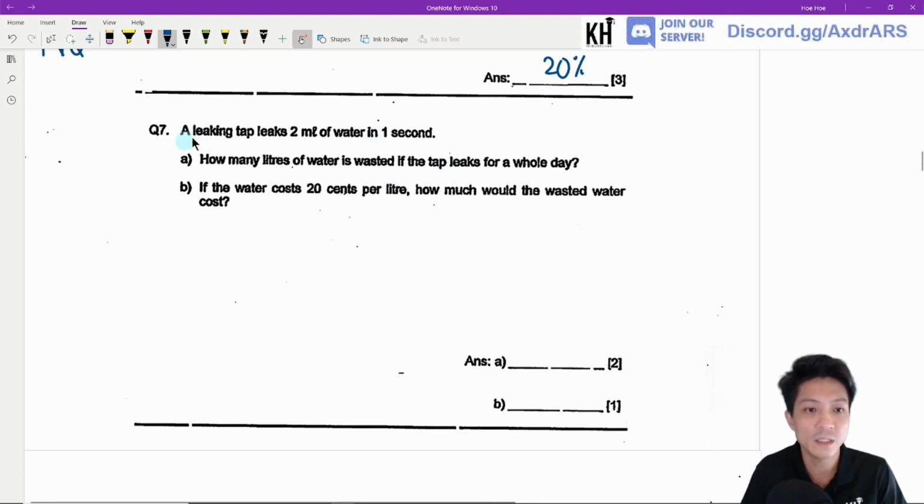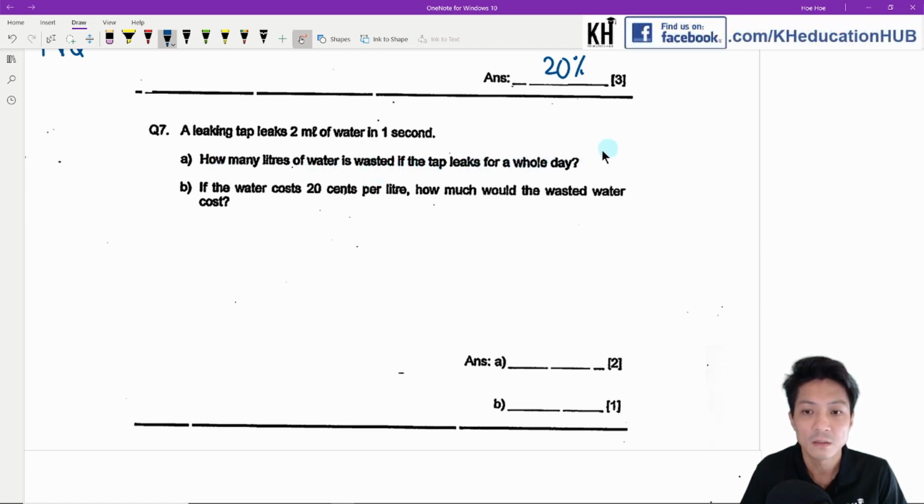Okay, question 7. A leaking tap leaks 2 ml of water in 1 second. How many liters of water is wasted if the tap leaks for a whole day? So a whole day would be 24 hours.